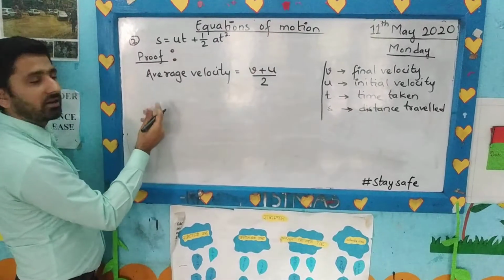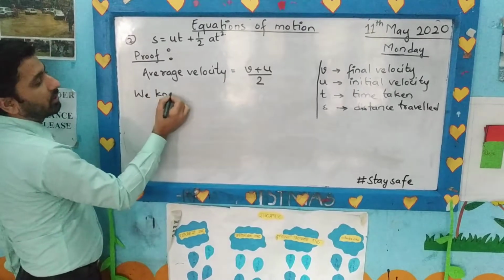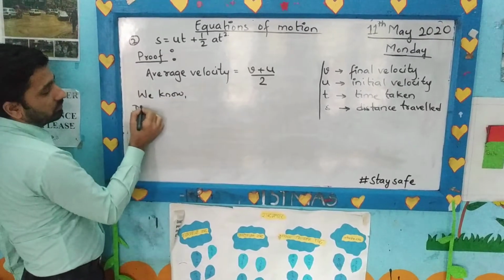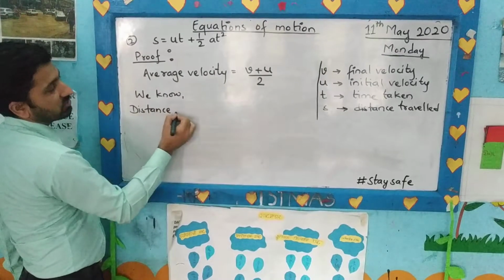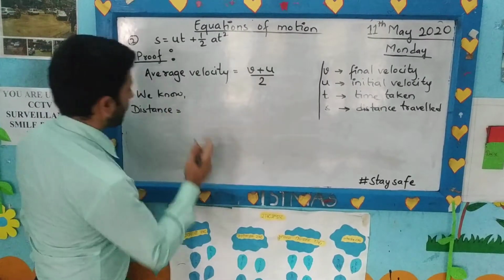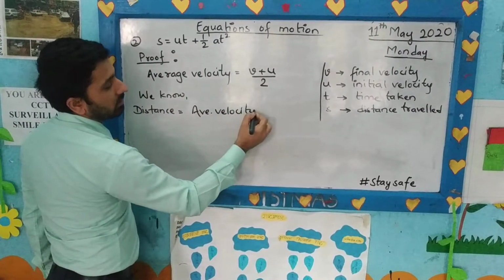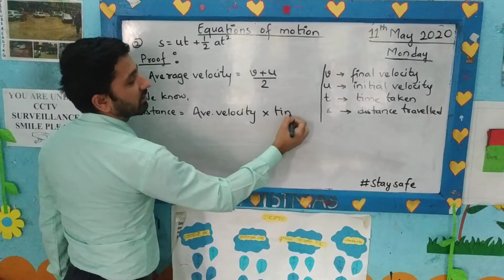And according to the definition of distance, distance will be equal to average velocity multiplied by time taken.